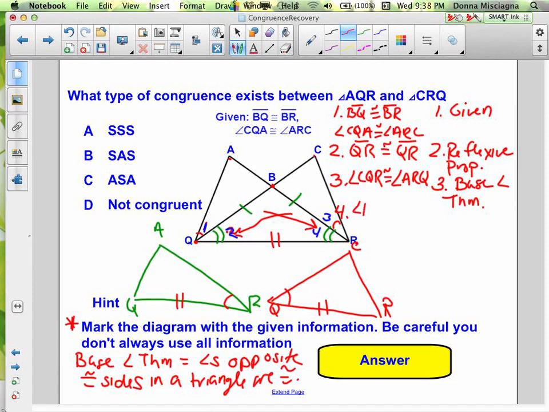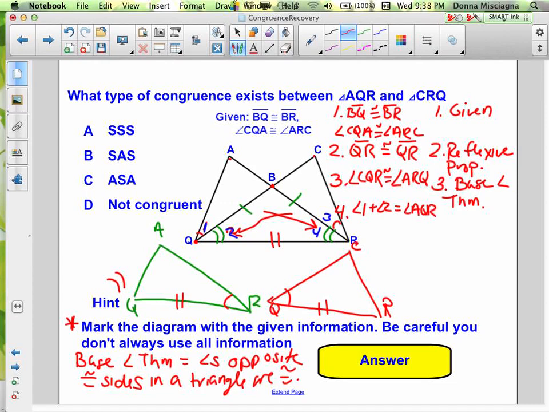So angle 1 plus angle 2 is going to equal our big angle in the triangle over here, angle AQR. That's angle AQR. And I'm going to take that out, though, because we haven't proven anything about congruence yet. So angle 1 plus angle 2 equals angle AQR.